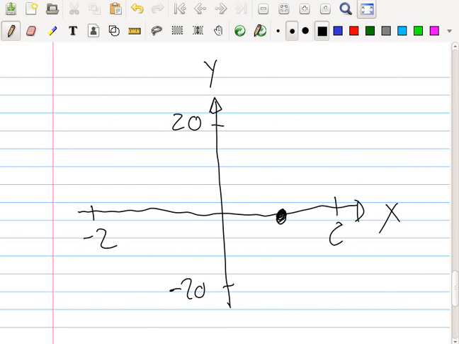What's the next one? 8 over 9 and 0, so that's actually about here, we'll say. What's the next one? Minus 3 and 0. Alright, so that's actually going to be here. And the last one is 0 and 24, so that's going to be about there.